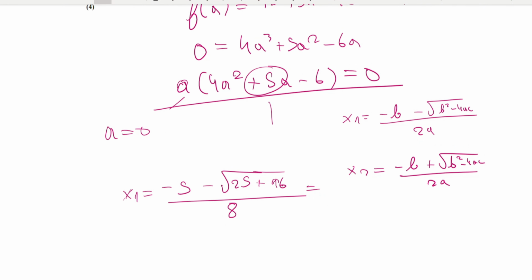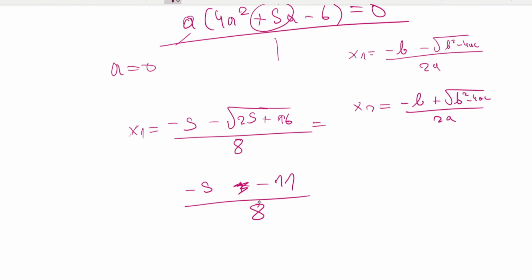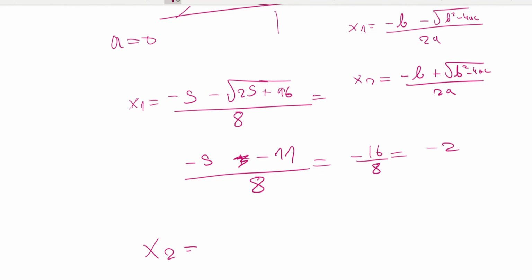So this is going to be minus 5 plus minus 11 over 8, and minus 11 minus 5 is going to be minus 16 over 8, which is going to be minus 2. Now let's do for this, minus 5 plus 11 over 8.